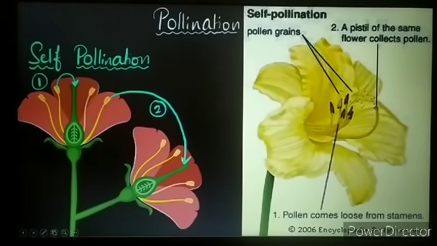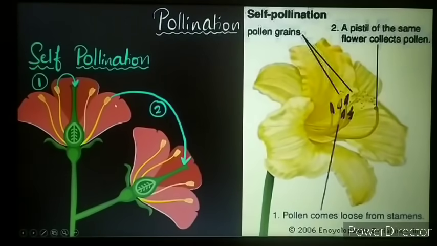As you can see in this module, the pollen grain is getting transferred. In the first case, it is getting transferred from the anther of the flower to the stigma of the same flower. That is self-pollination. In the second case, what do you see?